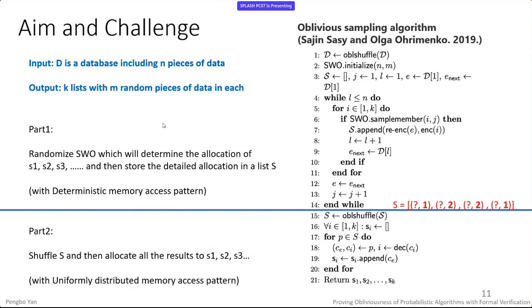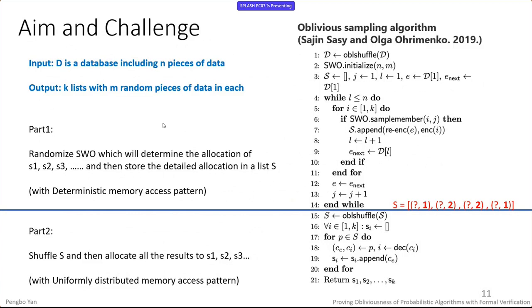So here is an oblivious sampling algorithm, which takes an input D, which is a database including n pieces of data, and it will return k lists with m random pieces of data in each list, which is independently randomly sampled from the database D. This algorithm has 2 parts.